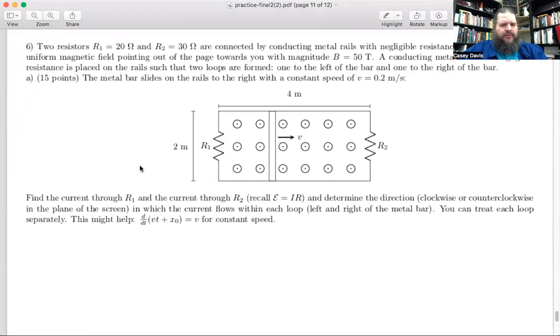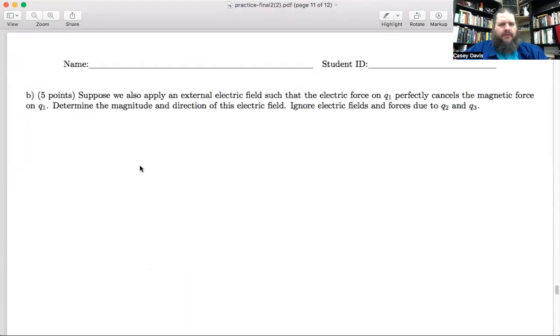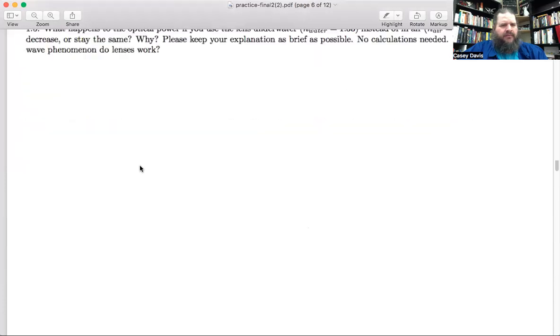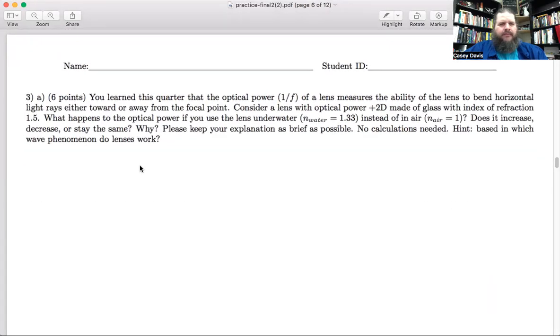I think number 6 was the one with the magnetic induction stuff. Oh, let's do number 3 actually. I think that was more lens stuff. Yeah, but with the plus 2D one. So I'm not sure what that is.